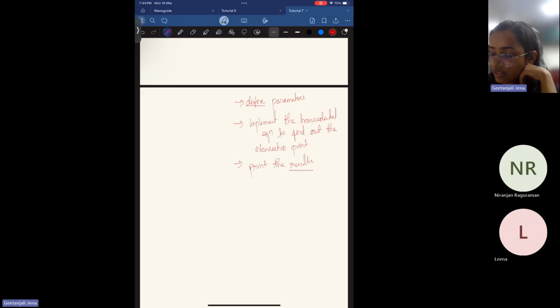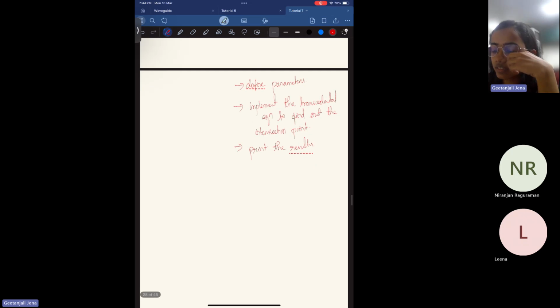So the first step is to define the parameters. It's easy. Just give a variable name to a given parameter. Let us say we have the core radius, which is 5 micrometer. You can write it as A is 5 e to the minus 6, which is core radius. The lambda is also given, so you can define a variable lambda 0, let's say it is given as 1400 nanometer.